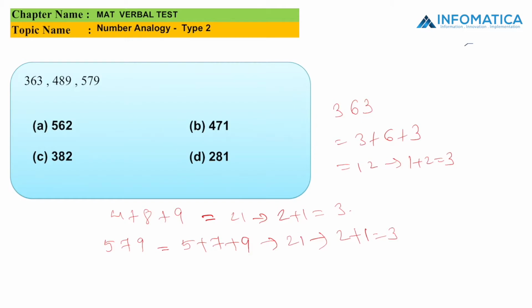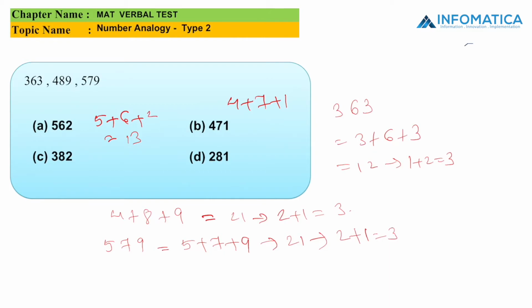Option A says 562. Let us add the digits. I know that 5 plus 6 plus 2 is nothing but 11 plus 2, which is giving me 13. Option B is 471. Again, if I split it as 4 plus 7 plus 1, I get the answer to be as 12.